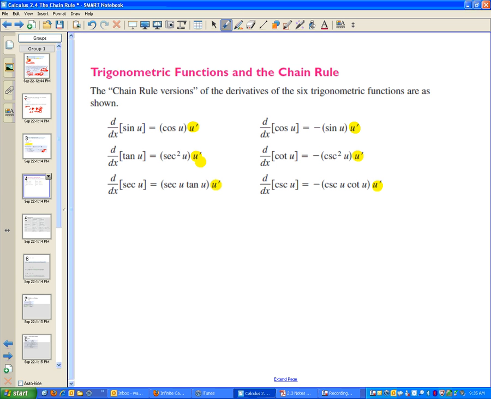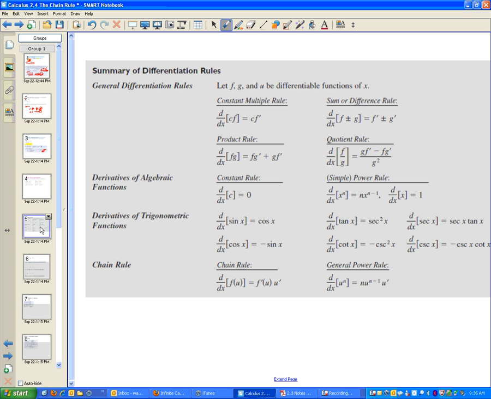And this leads us to this. Let's see, this would be page 136. You need to have all of these things memorized, including the chain rule versions of the trig rules.